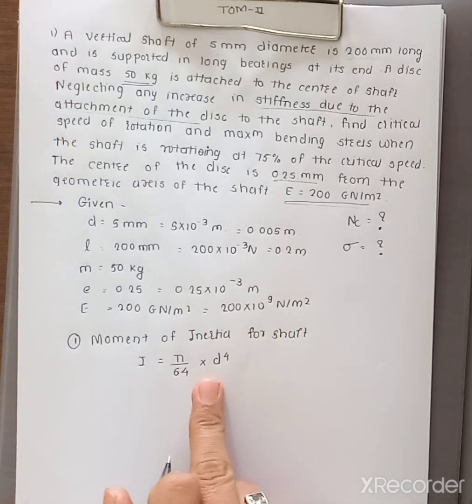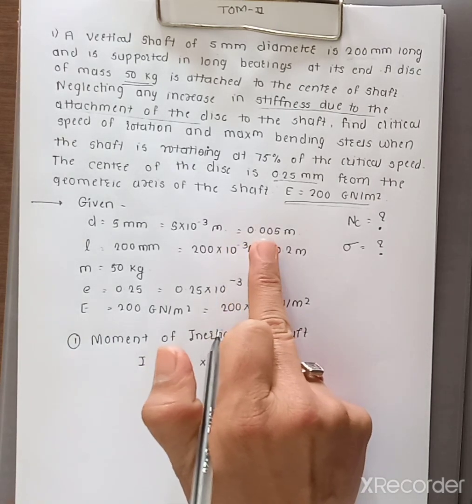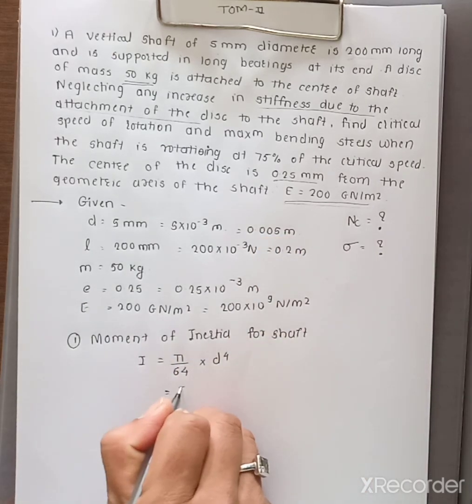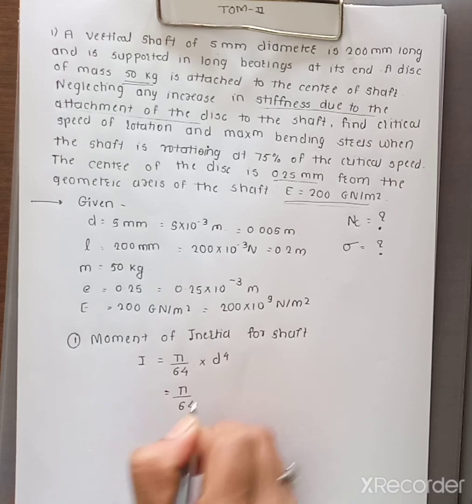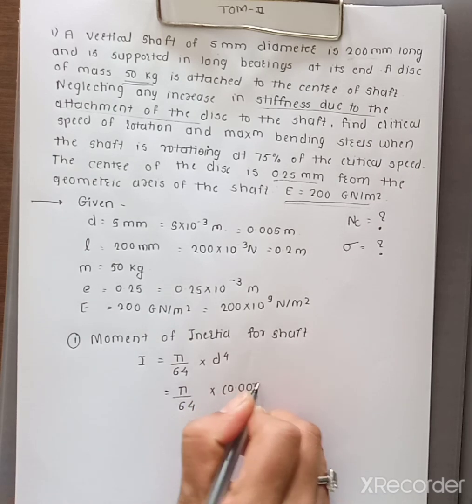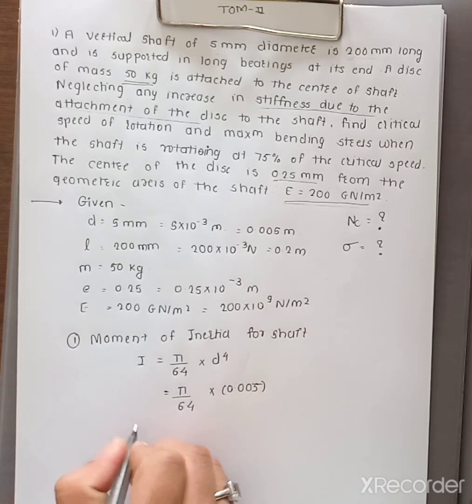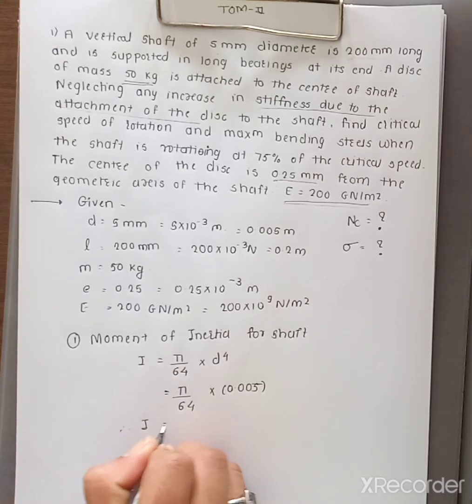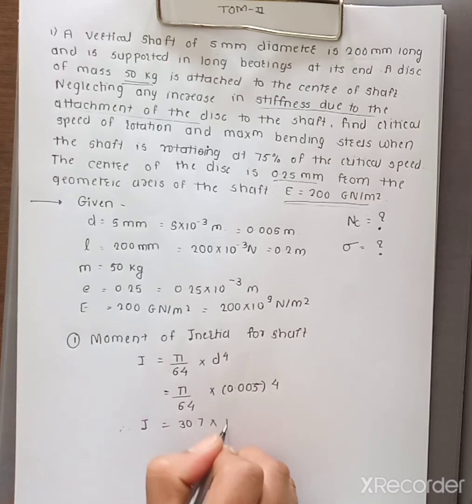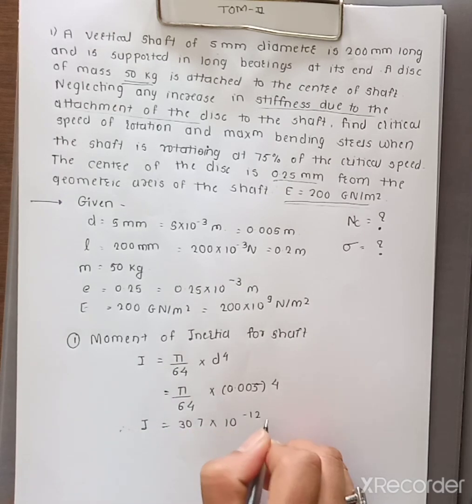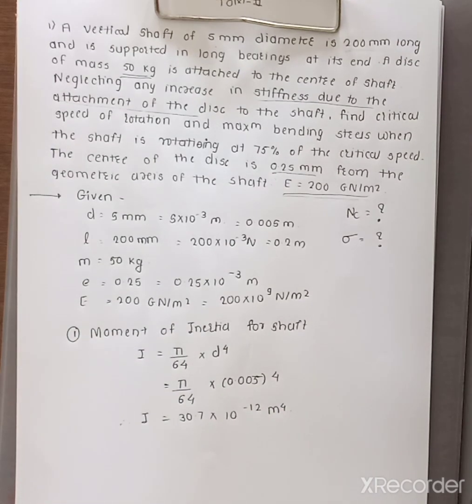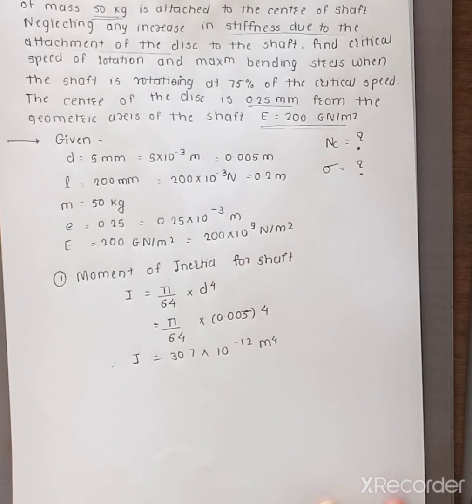We will put the value of d, that is 0.005, and we will take pi as 22/7. What we will get as the value of I is 30.7 into 10 raised to minus 12 meter raised to 4. Here we get the moment of inertia of the shaft.